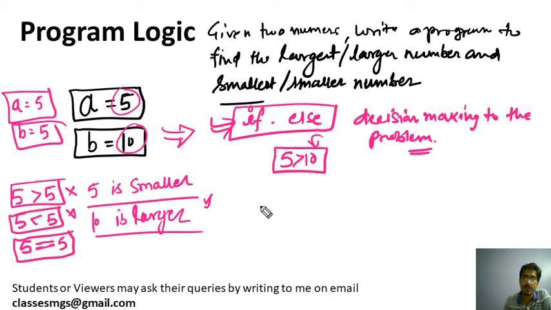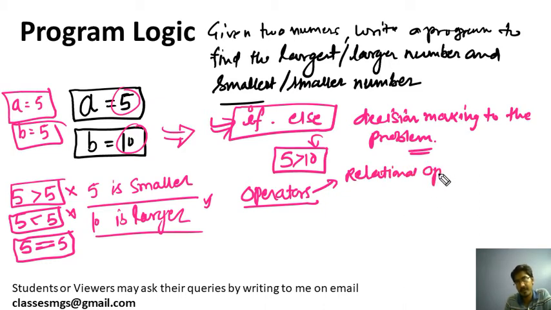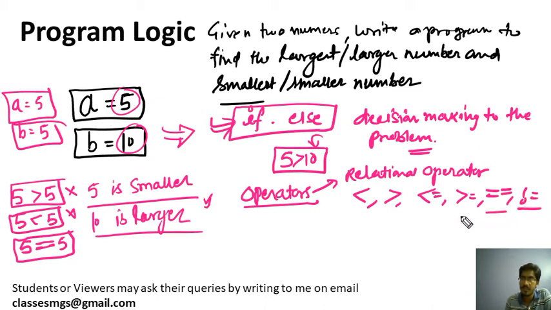First you need to know the concept of operators that are going to be used in this program. In this program we are going to use the relational operators. Relational operators are like less than, greater than, less than equals to, greater than equals to, double equals to, not equals to, because using these operators only you can check whether the condition is false or true.